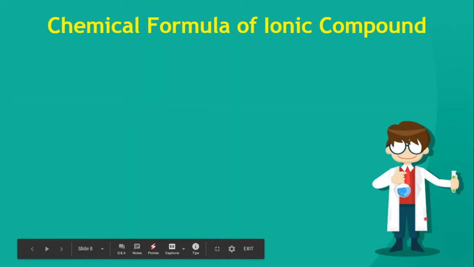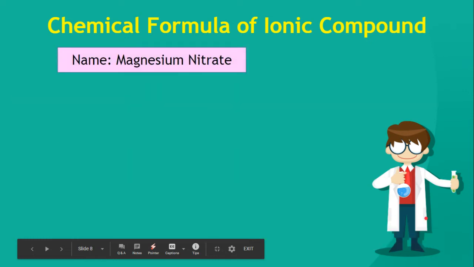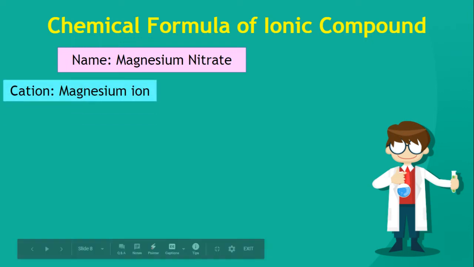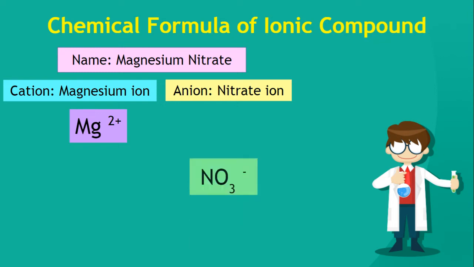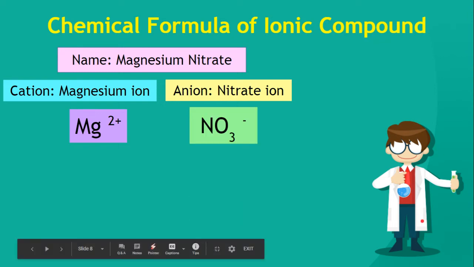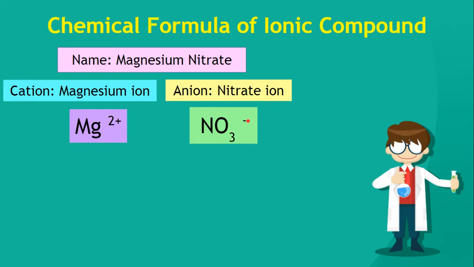Okay, last example. Magnesium nitrate. The cation is the magnesium ion. The anion is the nitrate ion. The formula for magnesium ion is Mg2+, while the formula for the anion is NO3-. The 3 is the subscript, and the charge is the superscript.